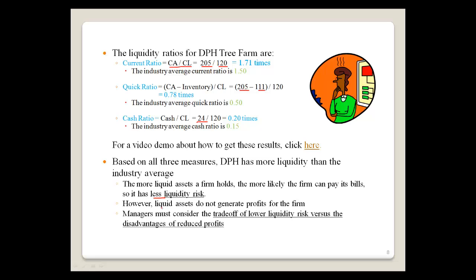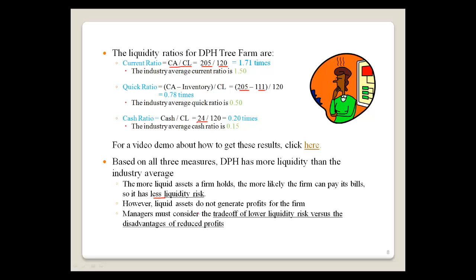However, liquid assets such as cash do not really generate much profit or return for the company. So if you have too much liquid assets, or say if your liquidity ratio is too high, that means your return may be affected, or say you are not using enough of your resources to generate profit or return for the company. You're just having too much liquidable assets.